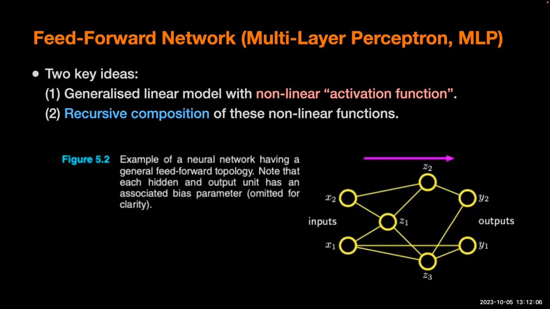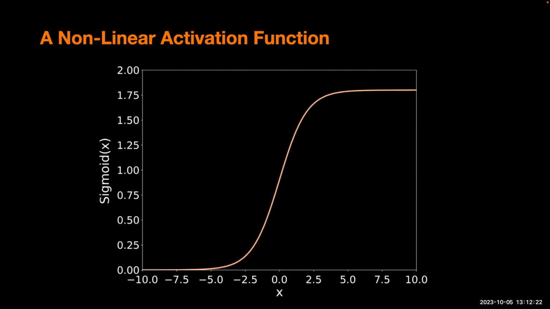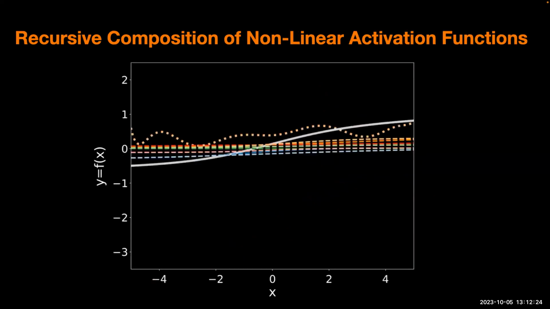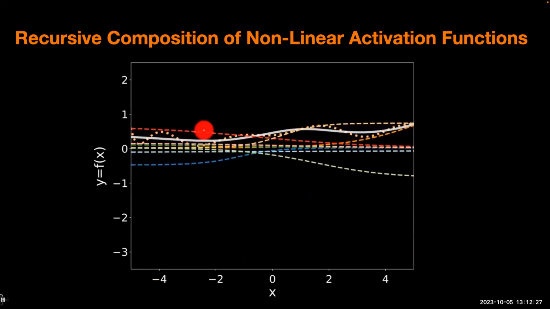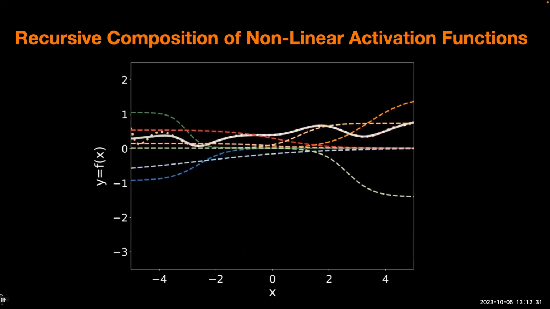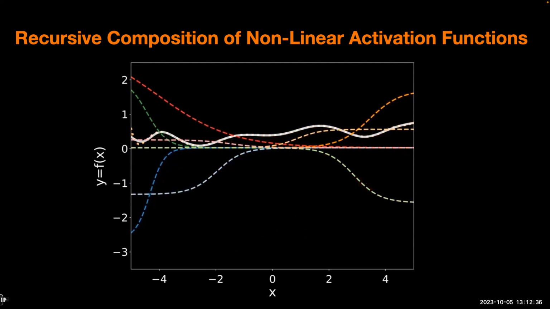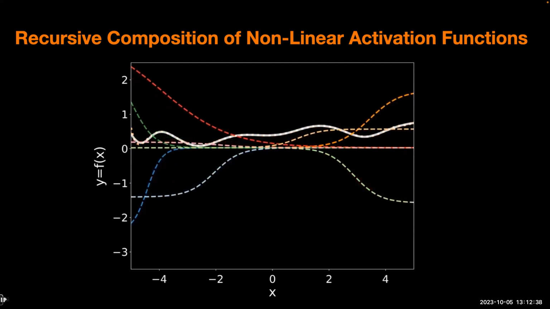If this seems a bit high level, you can think about the following. Let's say I start with a very simple sigmoid function, and I just allow the function to do shifting, stretching, and scaling. You might think this is such a simple function, what can it do? It turns out that you can do a lot. For example, if I have a target function here in the dotted line, I can just use a sum of all the different sigmoid functions as shown in the dashed line here.